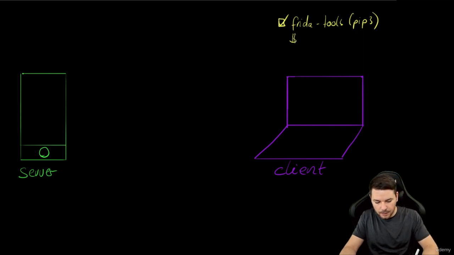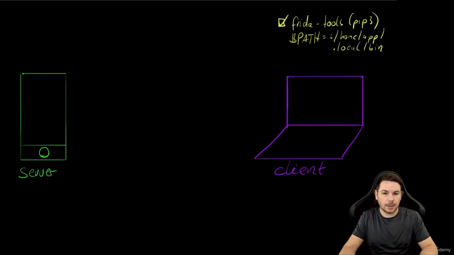So our path needs to be extended with the home directory, home app in my case, and then local bin. This is the directory that contains all these Frida binaries. Alright, after doing this, we do not have any troubles anymore and we can run the Frida command on our terminal over here. We do not get any errors anymore.